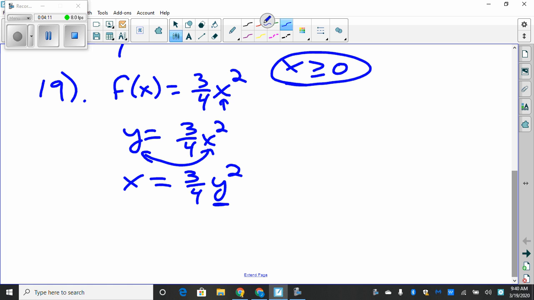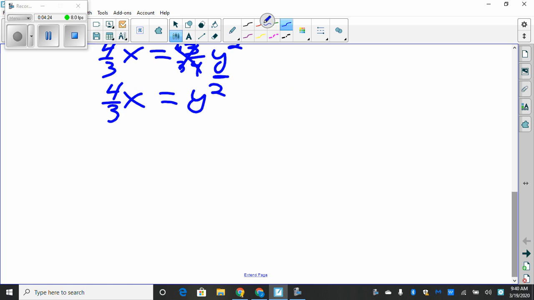Well, I've got to solve for y. So I'm going to multiply by 4 over 3. That will cancel that, so I'd have 4/3 x equals y squared. Now I have to square root both sides. There's really not a whole lot I can do, but I can do this: the square root of 4x over the square root of 3.